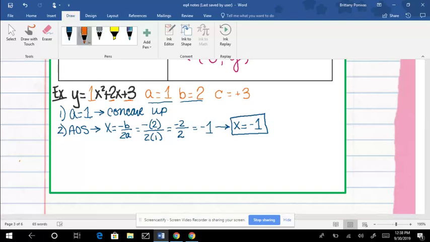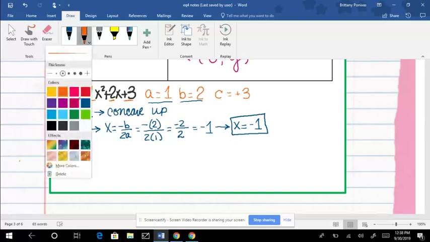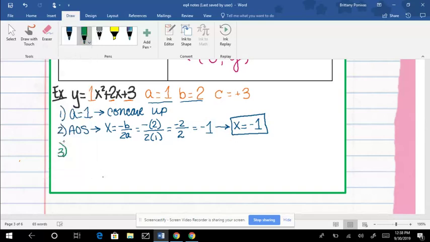The third key feature is your vertex. So for your vertex, you're going to take your equation, which is y equals 1x squared plus 2x plus 3. Where did I get that from? It was given to me as an example.